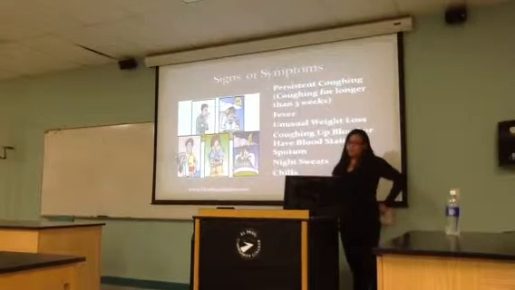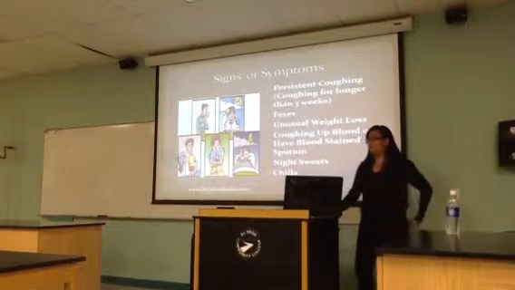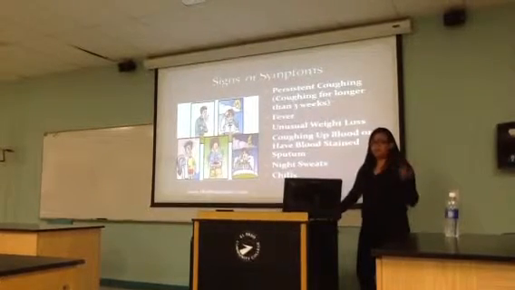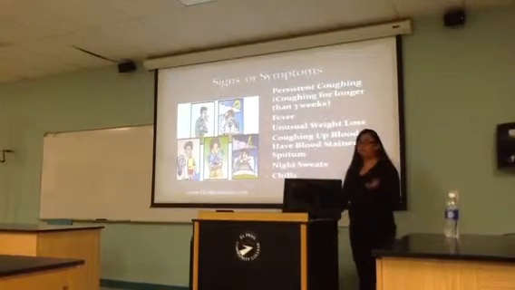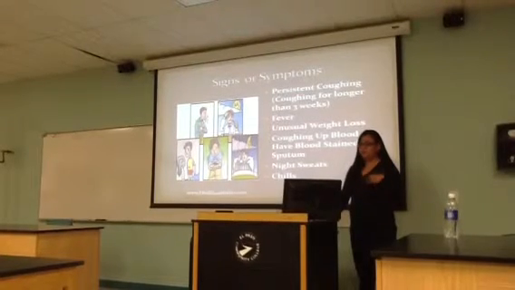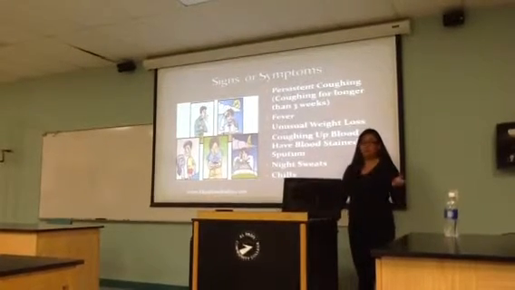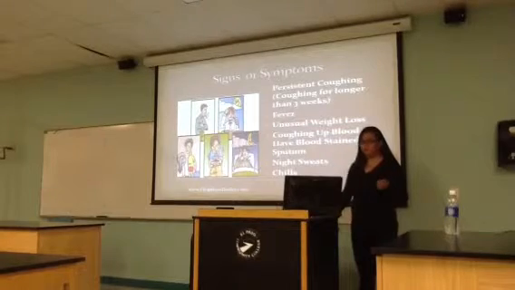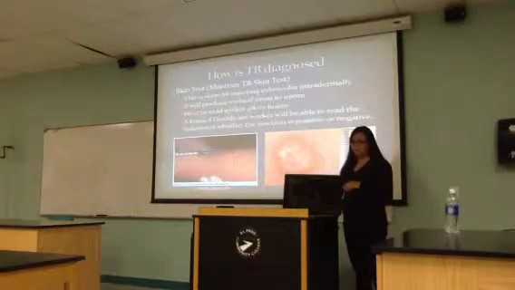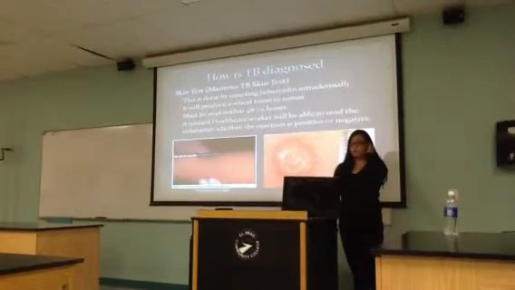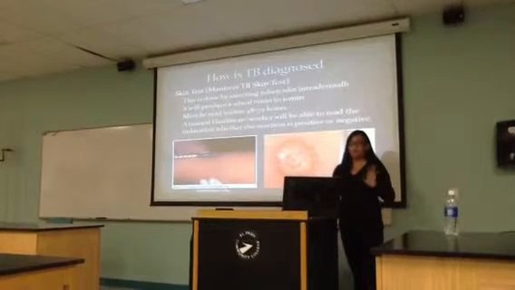The signs and symptoms are a persistent cough lasting three weeks, fever, unusual weight loss, coughing up blood, blood in the sputum, night sweats, and chills. How is TB diagnosed? It's diagnosed in different ways.